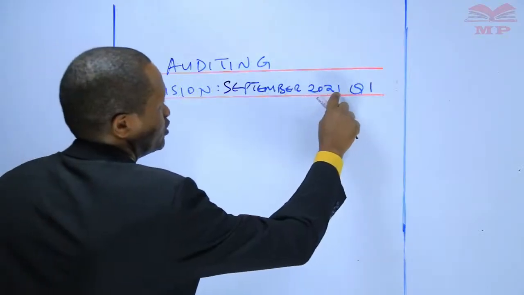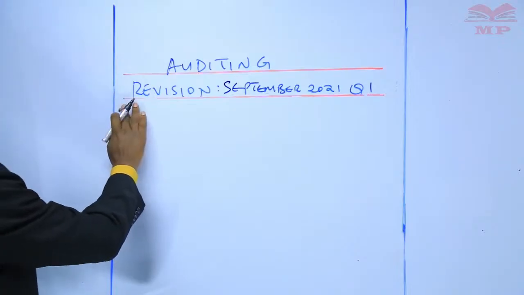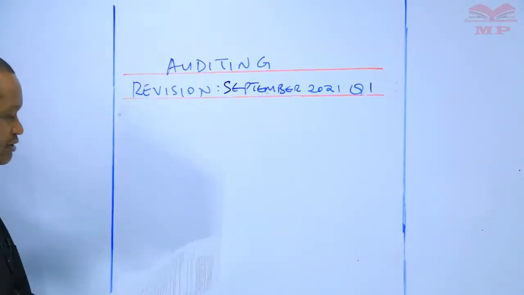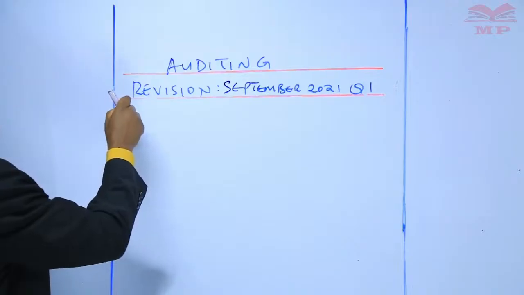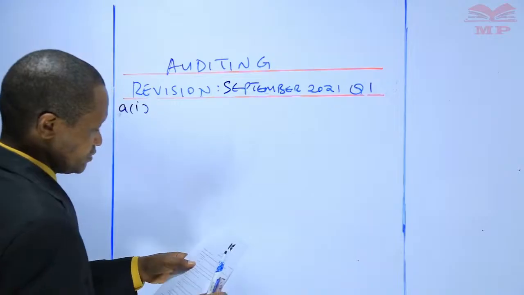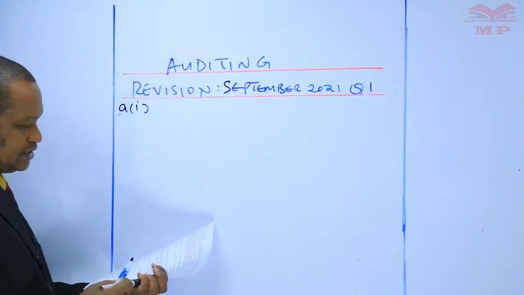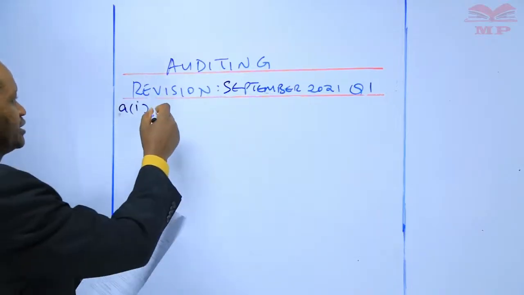September 2021, question 1A, Roman 1. What is the question?